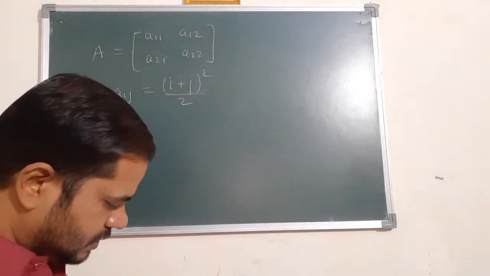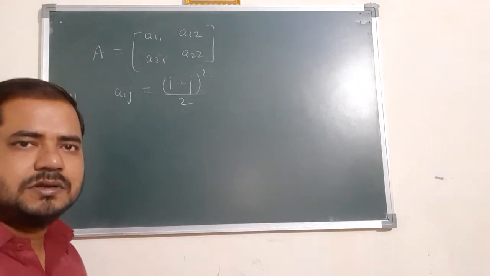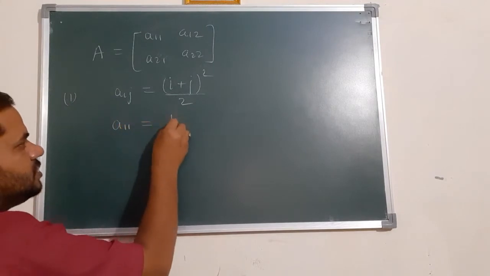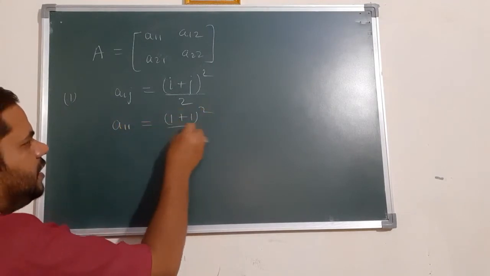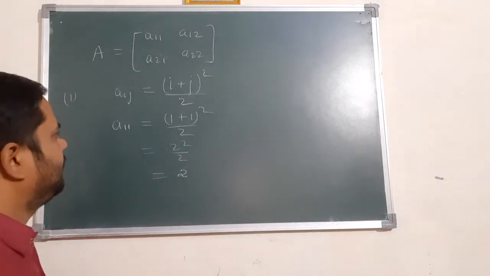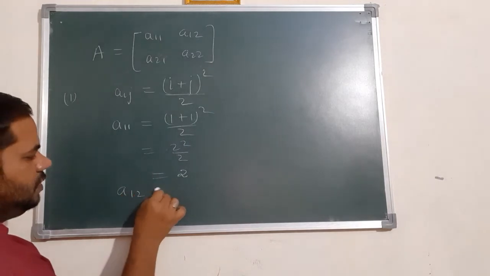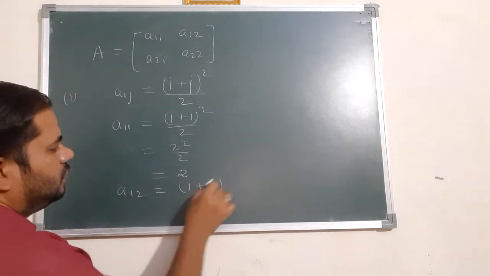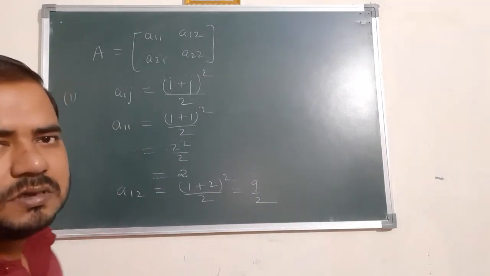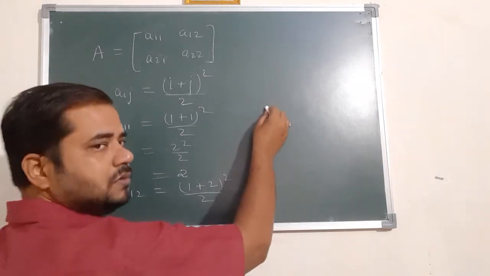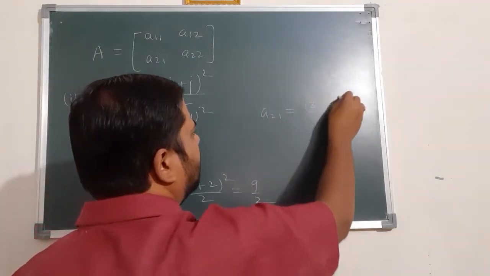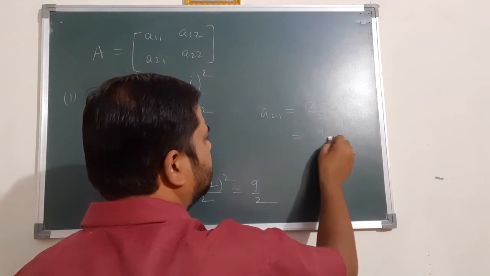So first we find A11. This is nothing but 1 plus 1 whole square divided by 2, that is 2 square upon 2, which is 2 only. Similarly A12 is 1 plus 2 whole square by 2, which is 9 by 2. A21 is 2 plus 1 whole square by 2, also 9 by 2.